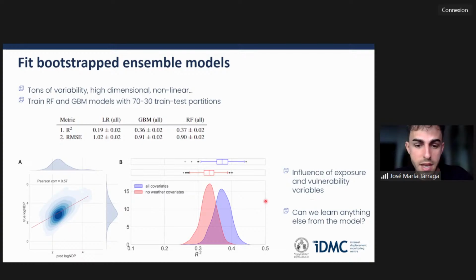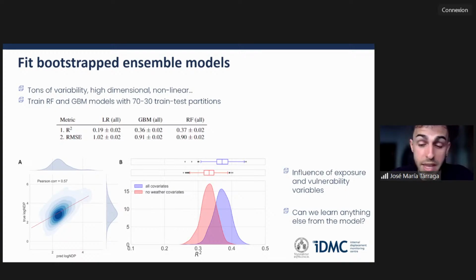What we observe is that when you include all the exposure and vulnerability variables, you predict much more displacement data points. This is where the conventional machine learning analysis would end, if you want to end with predictive models.